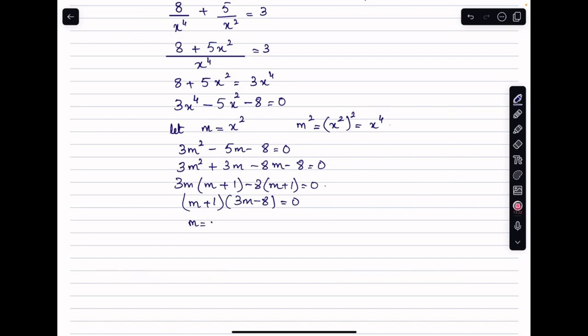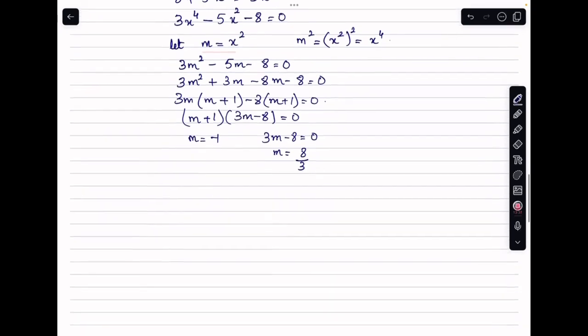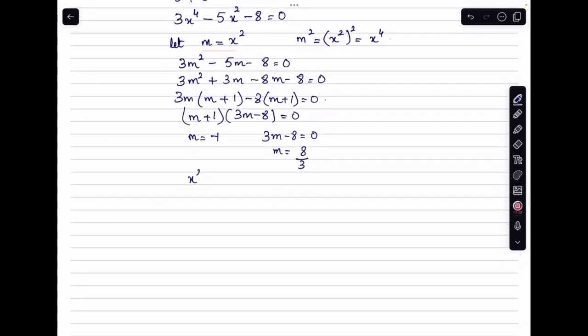Therefore, m will be equal to negative 1, and from 3m − 8 = 0, m will be equal to 8/3. But we know that m was basically equal to x². So substituting m with x², x² = −1, a negative under root is not possible.